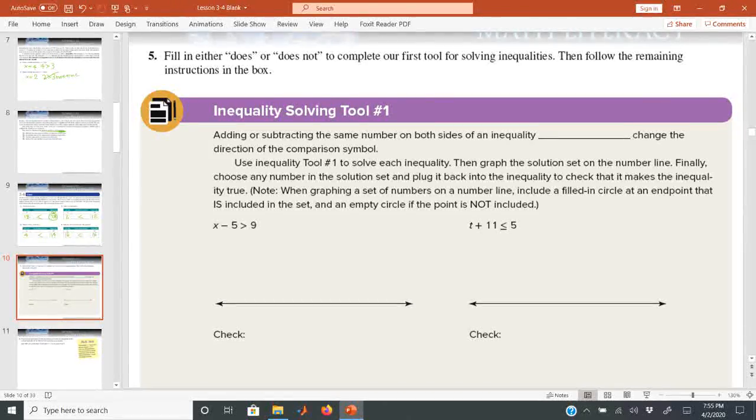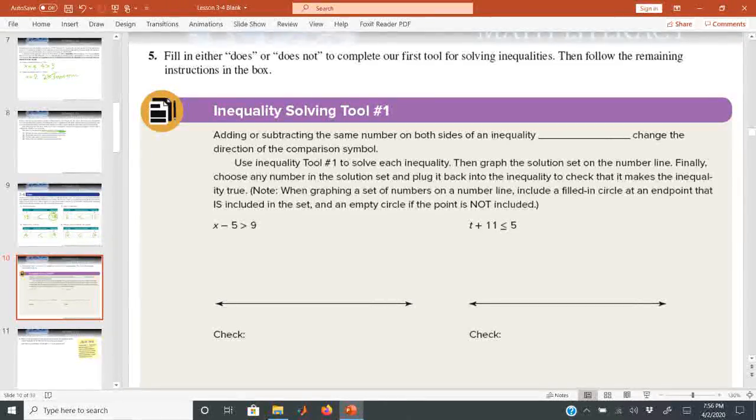Okay? So either does or does not is what you have to put in the blank here, and then use your number line to graph the solution. So once you've done that, restart the video.